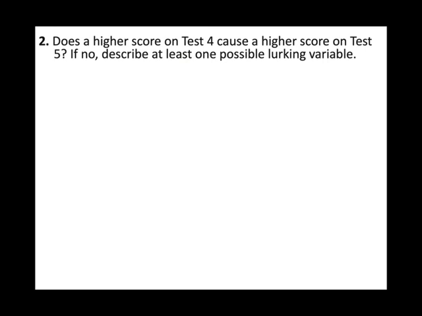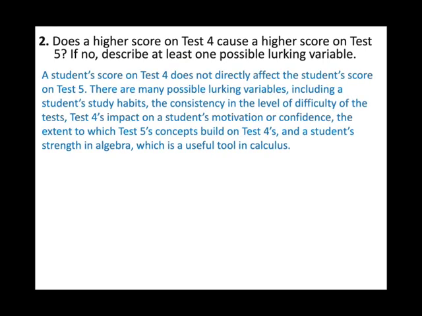Number 2, does a higher score on test 4 cause a higher score on test 5? If no, describe at least one possible lurking variable. Okay, so a student's score on test 4 does not directly affect the student's score on test 5. There are many possible lurking variables.